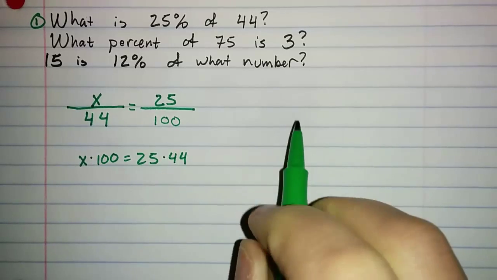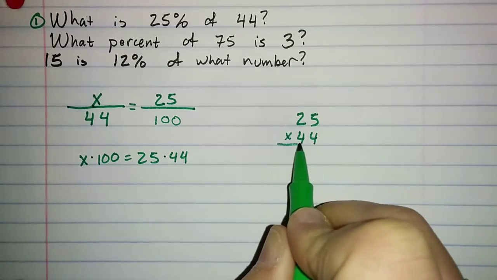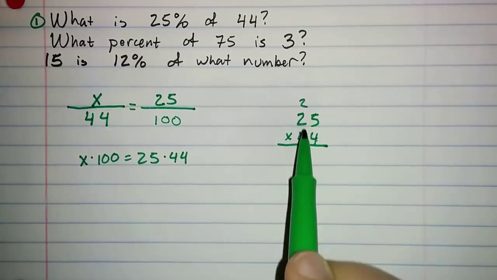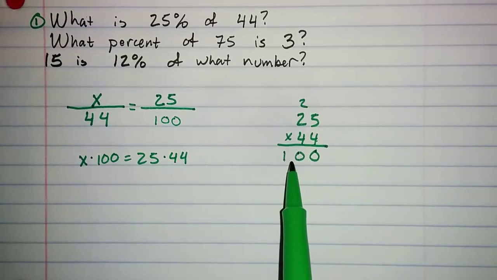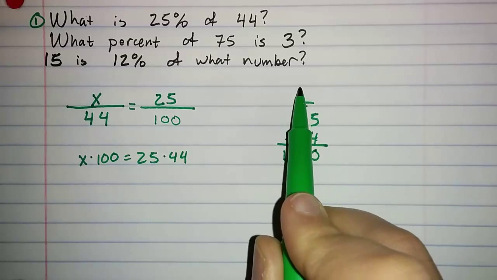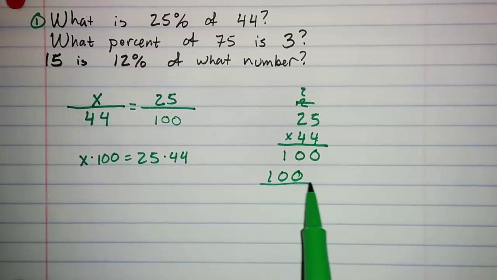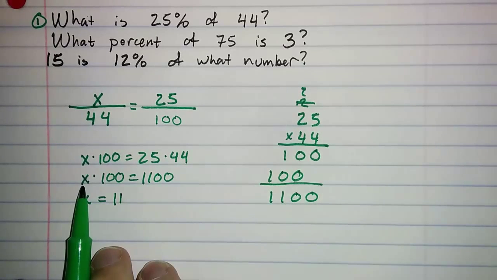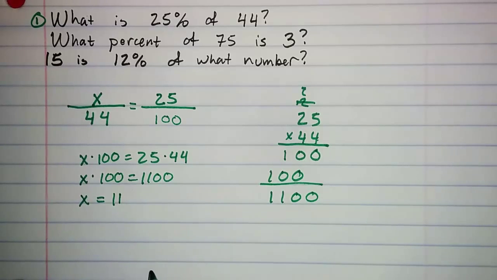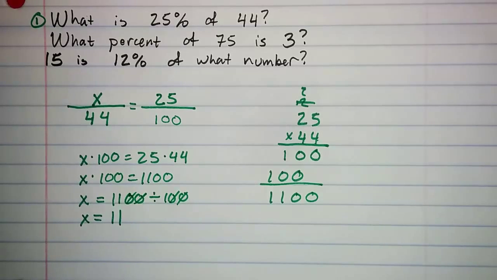I actually work out this multiplication. 4 times 5 is 20. 4 times 2 is 8, plus 2 is 10. So I get 1,100. X is the missing thing in a multiplication problem, so I need division to find it. And I get X is 11.